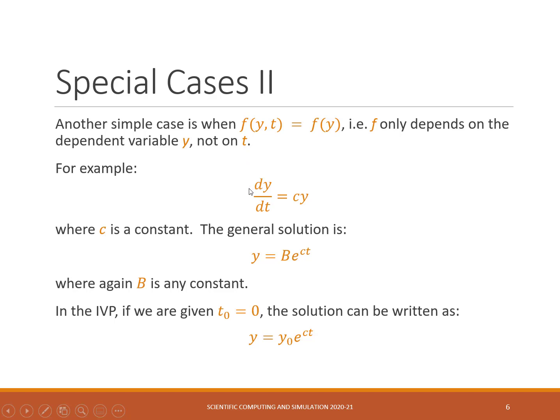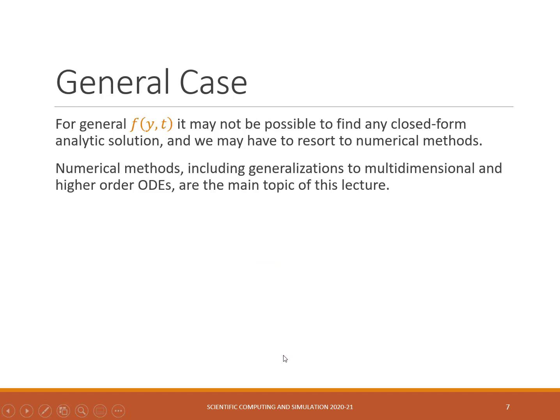For example, suppose the differential function f is equal to cy. By computing the integral, the result function y is b e to the power of ct, as shown here. It is needless to say that b can be any constant. Like before, we can use the initial condition provided along with the differential function f(y) to obtain the exact value of b.